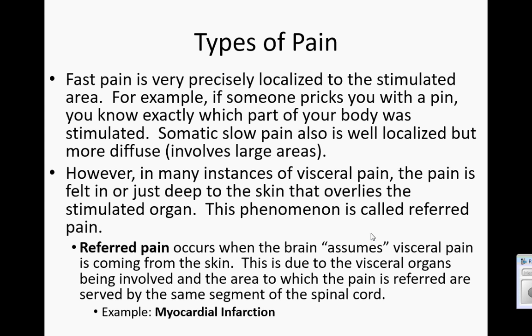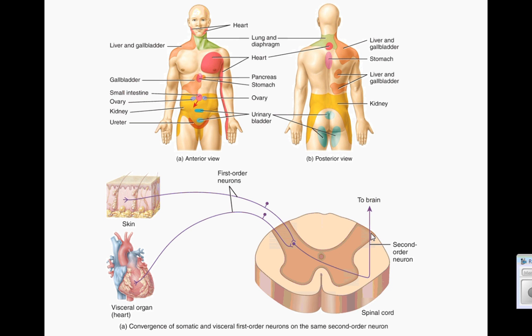And I can show you why this happens. Down here at the bottom of our next page, we can see we have first order neurons coming from the skin and from our heart, which both travel into the back of the spinal cord, and they synapse with the same interneuron, which then travels that signal up to our brain.